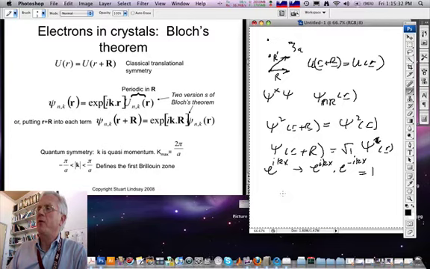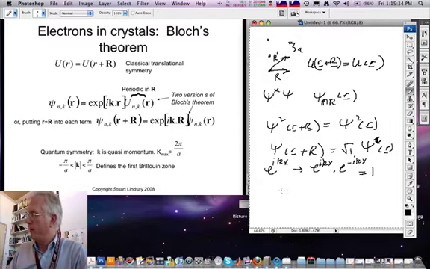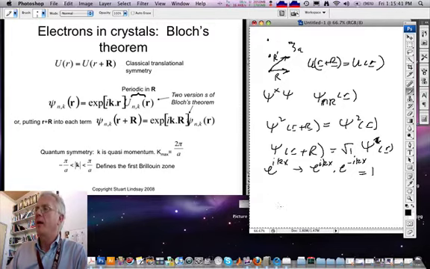Therefore, the most general form of a wave function in a crystal is given by this expression you see here, that the wave function at some point r plus R is given by this phase factor e to the i k R times psi_nk of r.